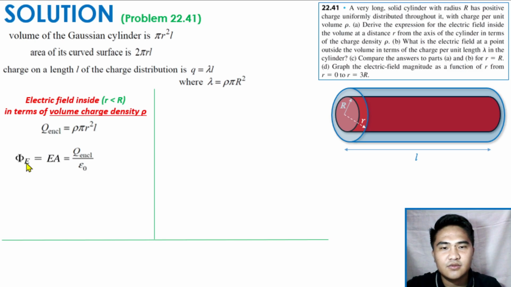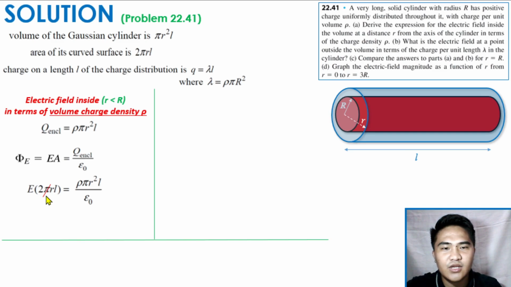So the electric flux is equal to the electric field multiplied by the area, and it is equal to the Q enclosed over epsilon naught. So this is our Q enclosed. Let's substitute the value to this. And our area is 2 pi small r L.